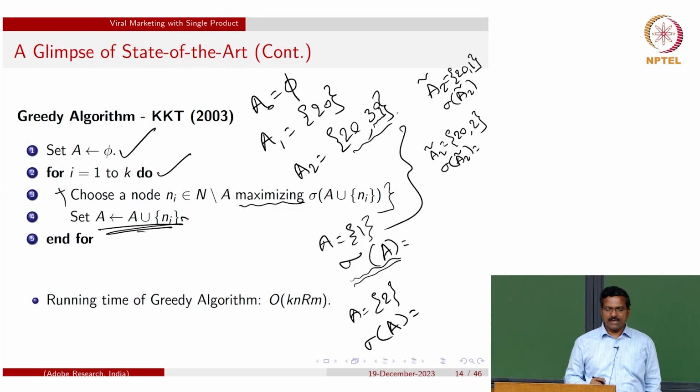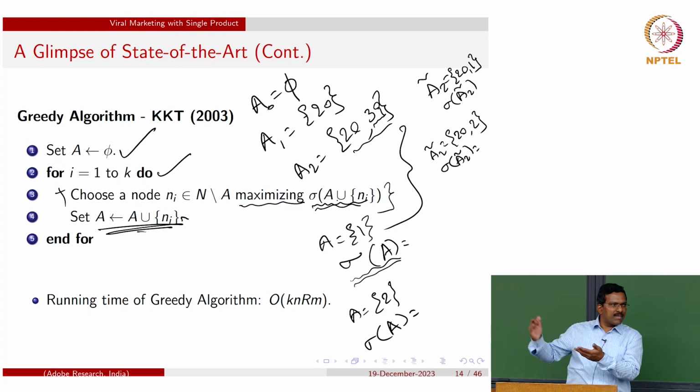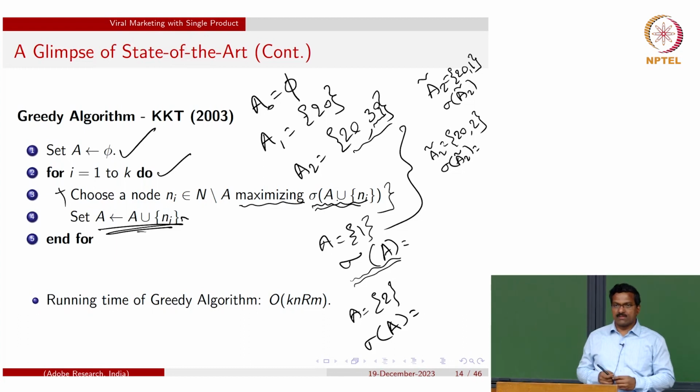It's a computationally very intensive thing, because for every potential combination you have to do this calculation. What is this sigma of the activated set of nodes? It is like an expectation, and you have to repeat that experiment multiple times and take averages. And you are repeating this for all k rounds also.